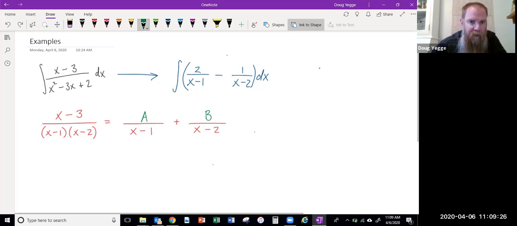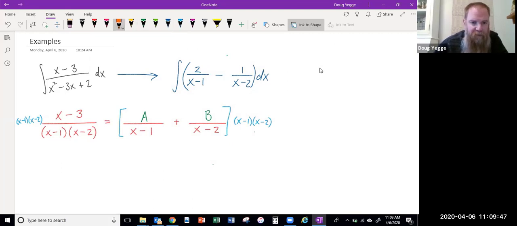So if I multiply the left over here by x minus 1 times x minus 2, and I multiply over here as well by the denominators of x minus 1 and x minus 2, then what I should be left with is just x minus 3 on the left side.